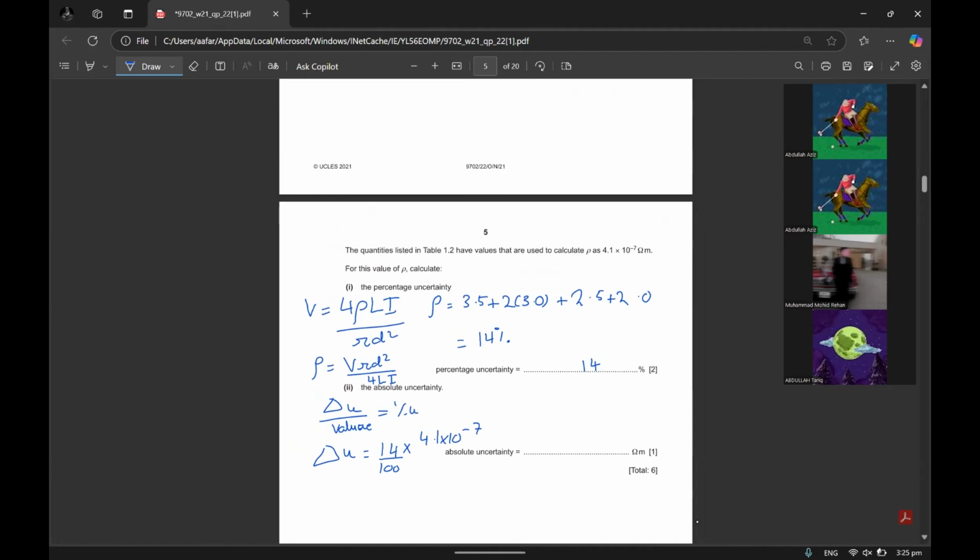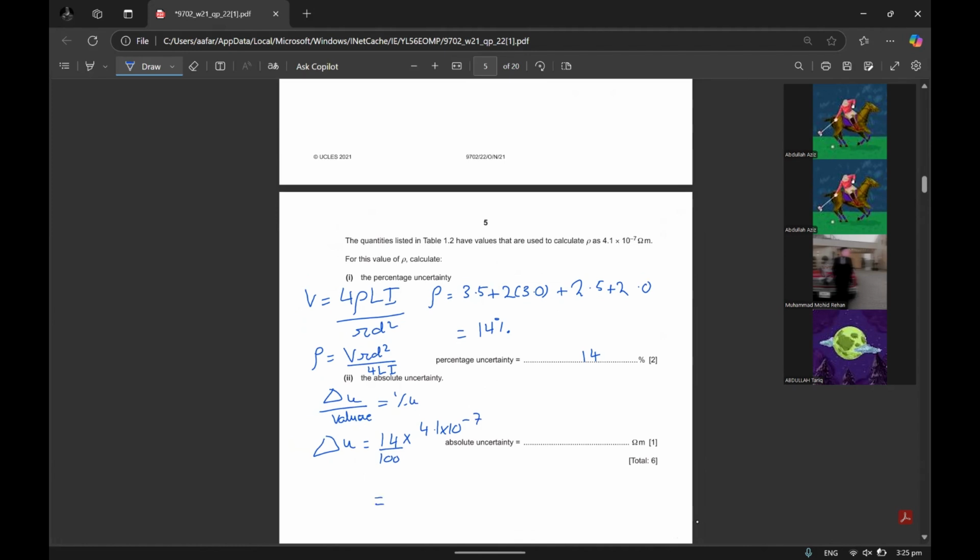So the absolute uncertainty over here is 6.6 into 10 power negative 8 ohm meter.